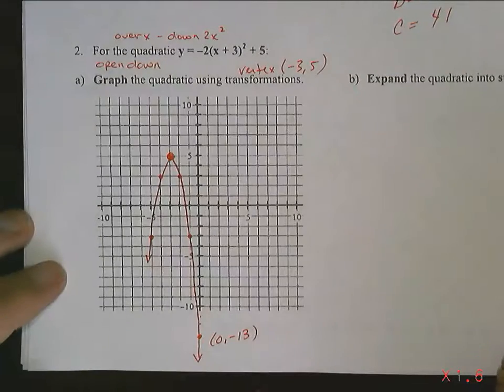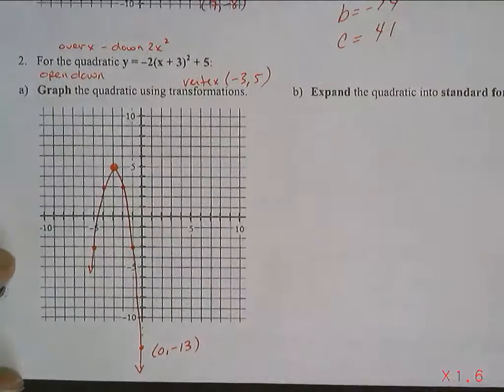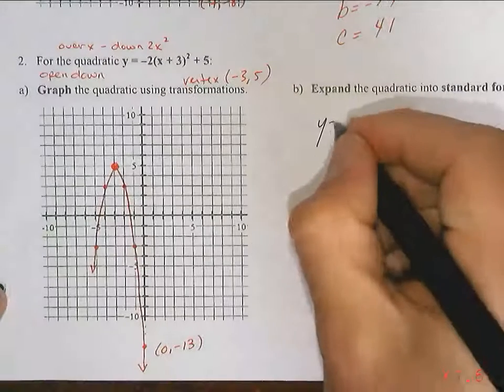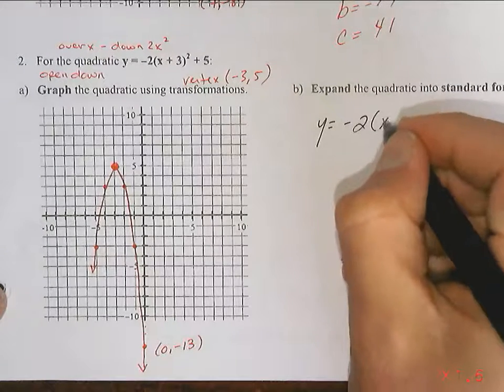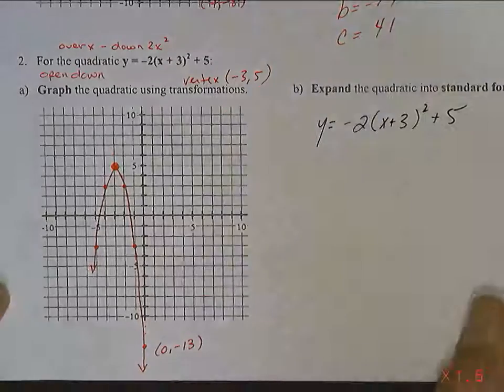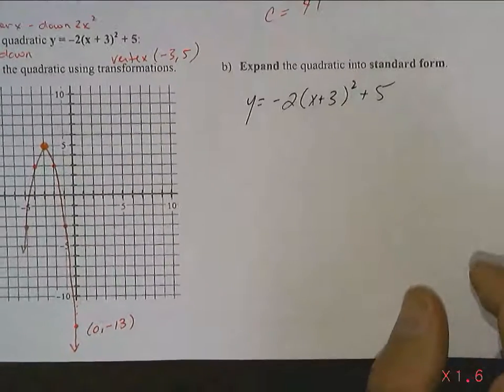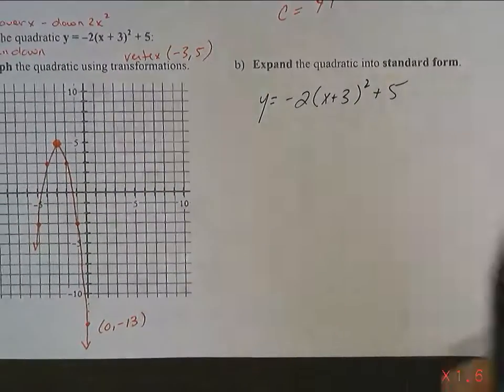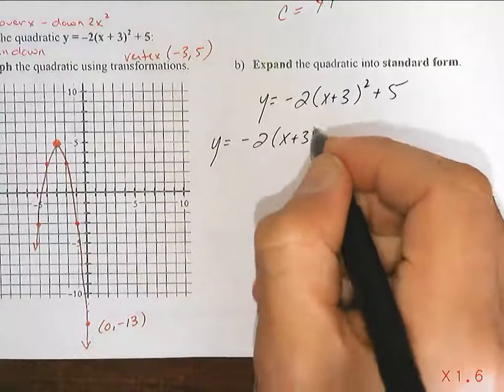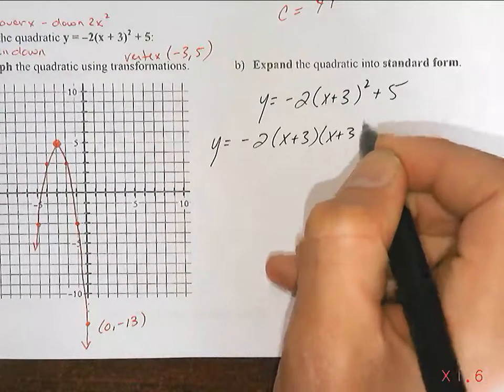Okay, let's expand this to put it in standard form. So what it was: y equals negative 2 (x plus 3) squared plus 5. Order of operations is kicking in here. So this is going to be y equals negative 2 (x plus 3)(x plus 3) plus 5.